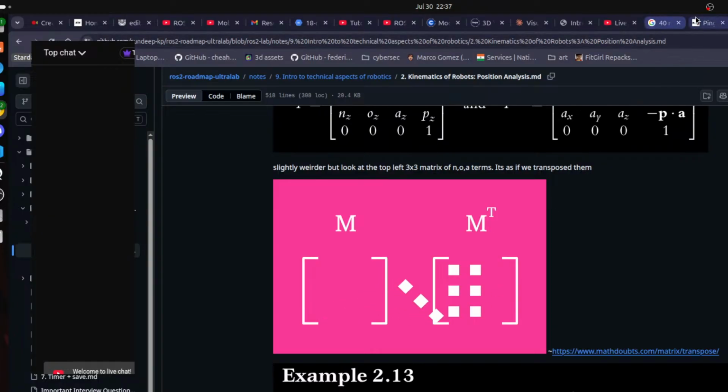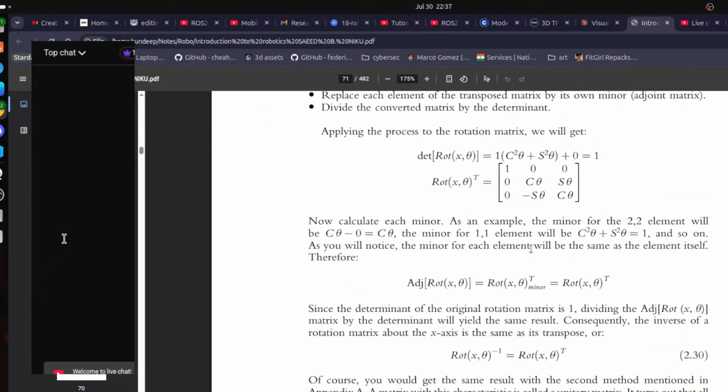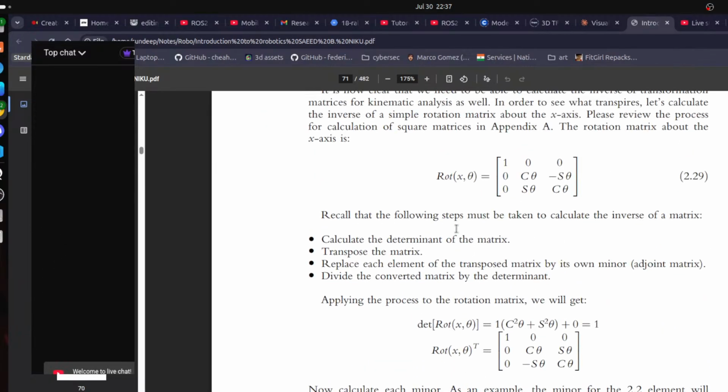That's it. Then after transposing the matrix, you cover these elements.